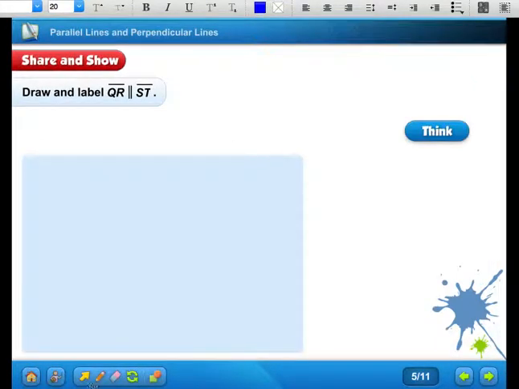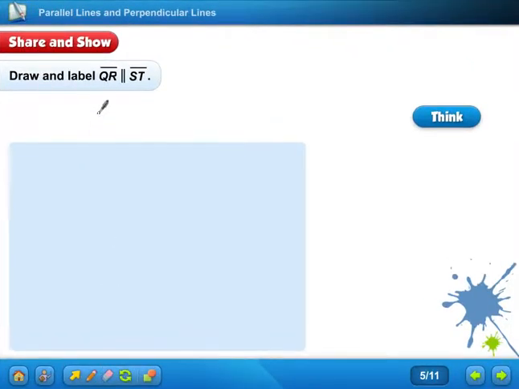Let's do this one right here, our last one. Do we remember what this is called? A line segment. So line segment QR. Let's make that a little bit straighter. And what are they right here?